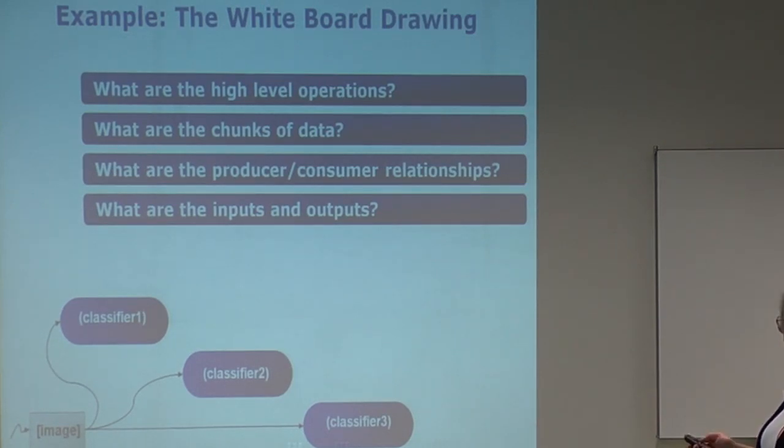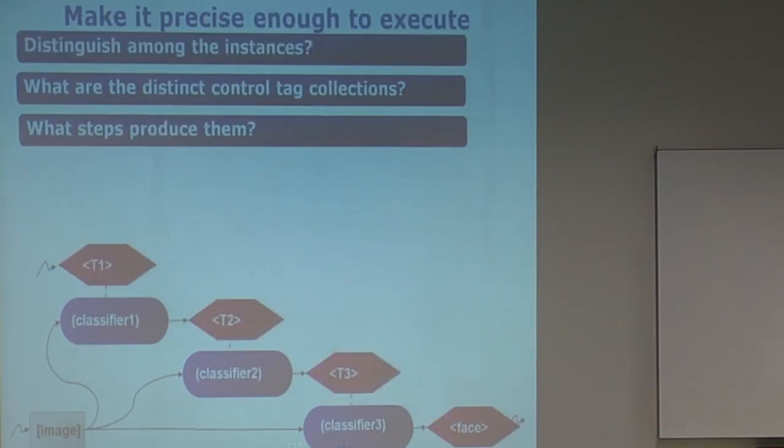So up to the whiteboard drawing, we just have this image, and we have all this set of classifiers here, and the consumer relationships. There's no producing here at this level. And then we go to the next phase, and all the work here is done in the tags. So this initial tag set is all the windows of all the frames, and they might be coming in continuously.